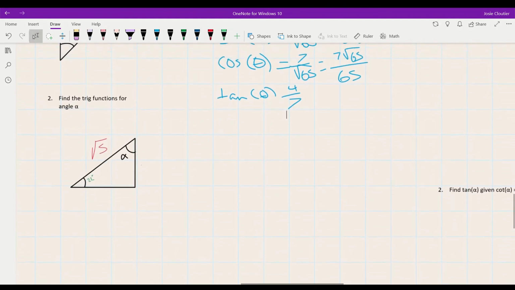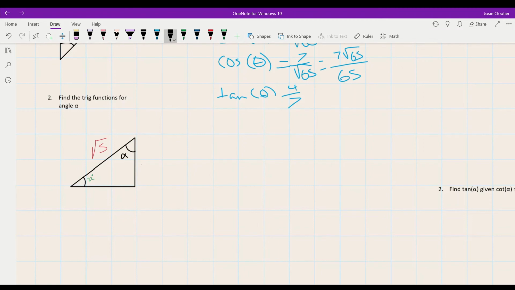Okay, find the trig functions for angle alpha. First, we need to find the rest of the missing side lengths. So, let's go ahead and do that. We'll say that sine of 22 degrees is equal to x over the square root of 5.